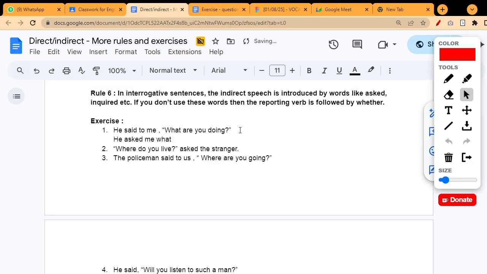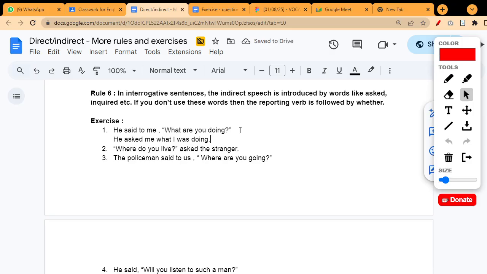Now because the question is being asked, the same rule. He said to me, you. So he asked me what. He asked me what I, are will get converted to was doing. And this becomes the indirect sentence.